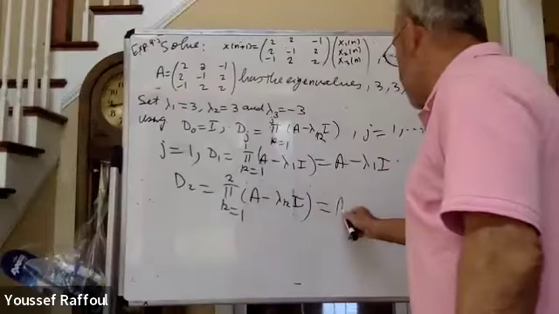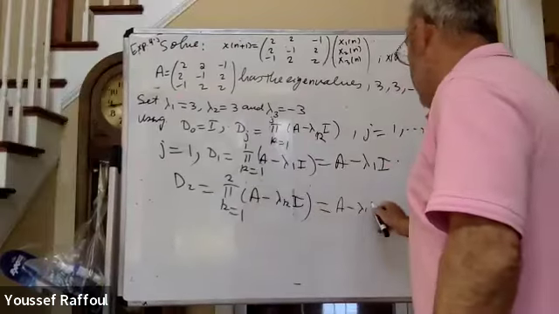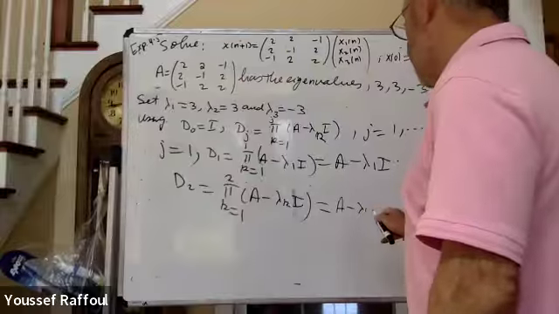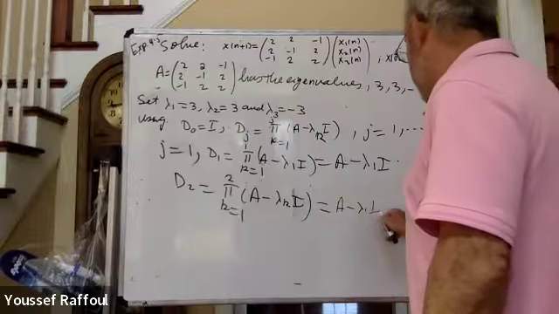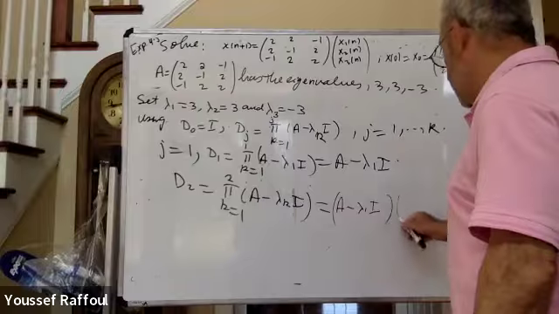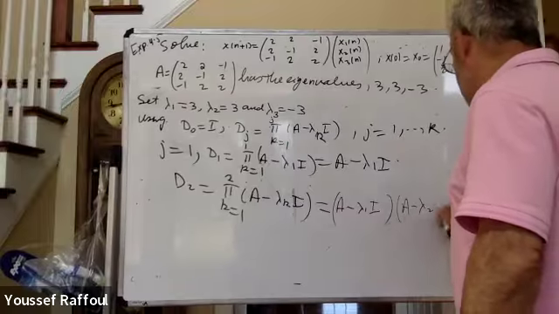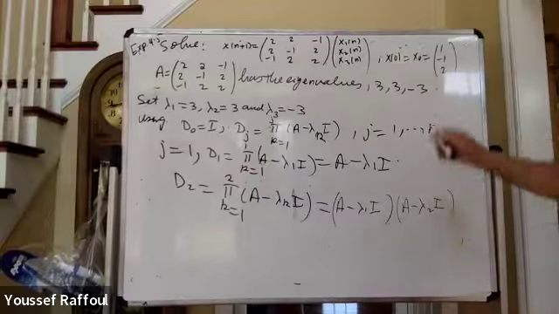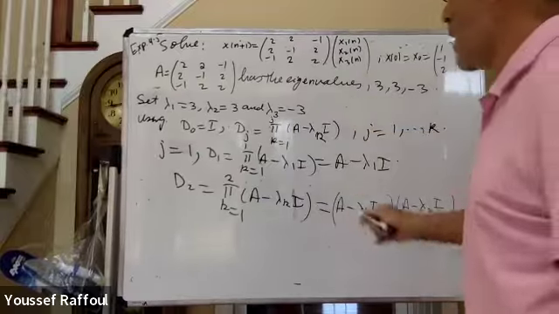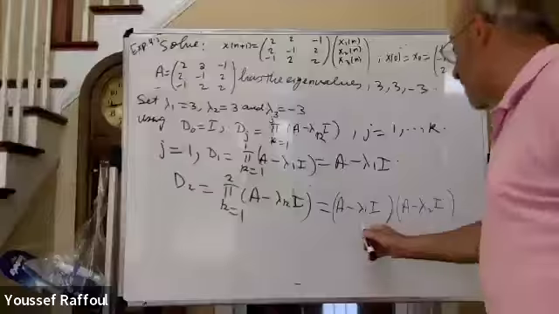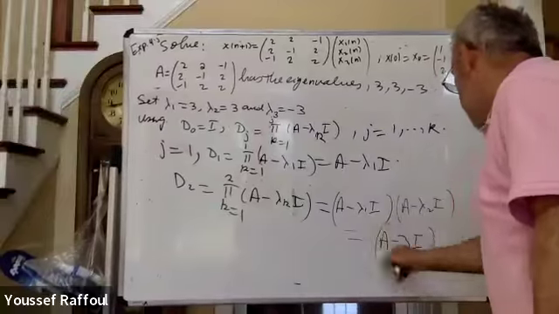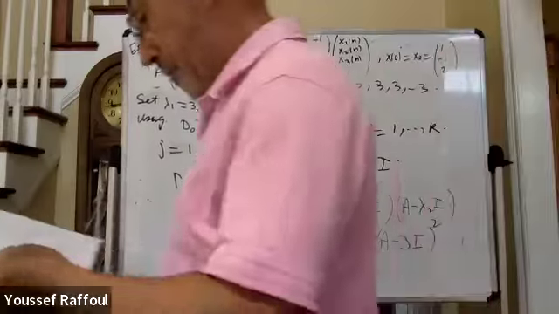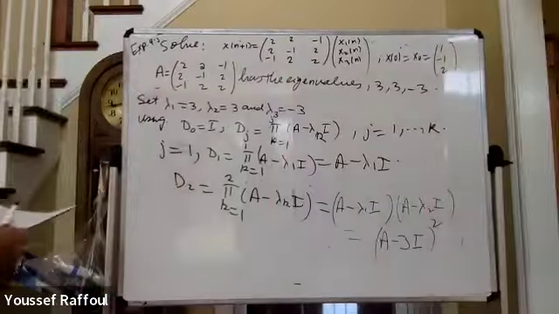K equal 1, this is A minus lambda 1 I, and times A minus lambda 2 I. Well, lambda 1 equal lambda 2 equal to 3. So this is (A minus 3I) squared. Okay?